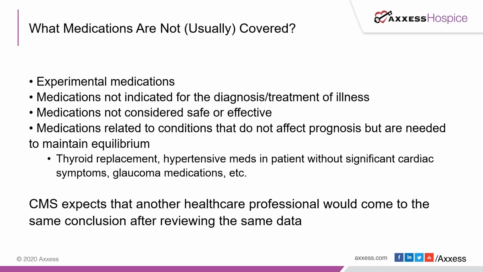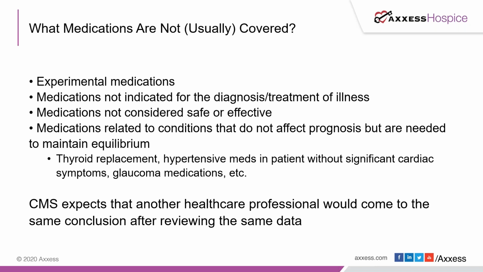And also, this is the one that is really important to look at, is your medications related to conditions that do not affect the prognosis but are needed to maintain equilibrium. So your thyroid replacements, your hypertensive meds in a patient without any significant cardiac symptoms, your glaucoma medications.